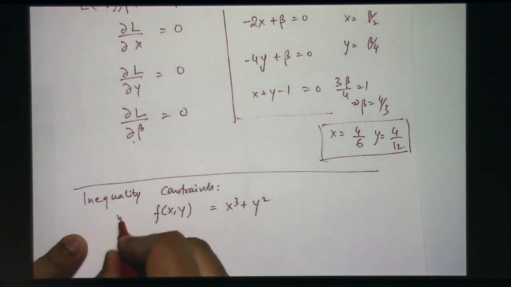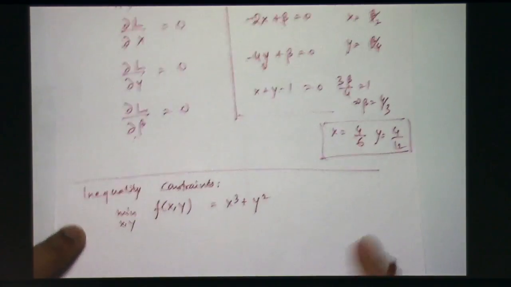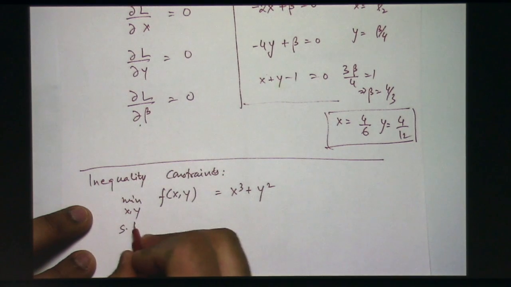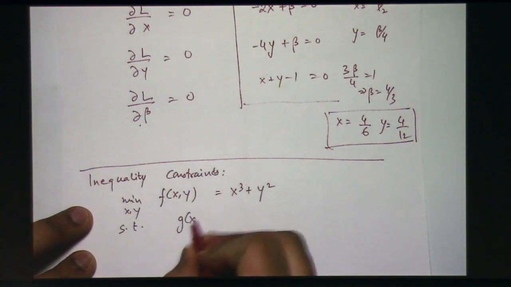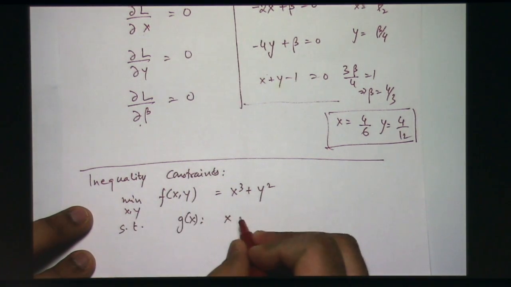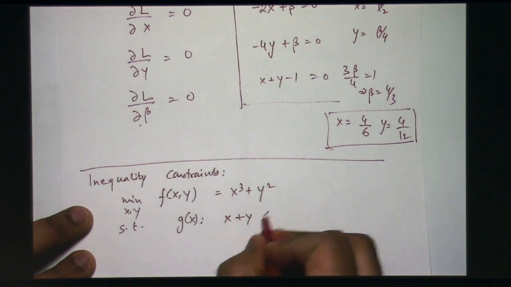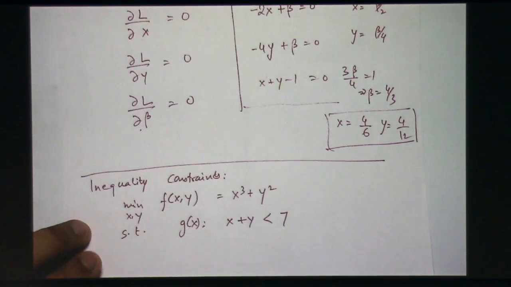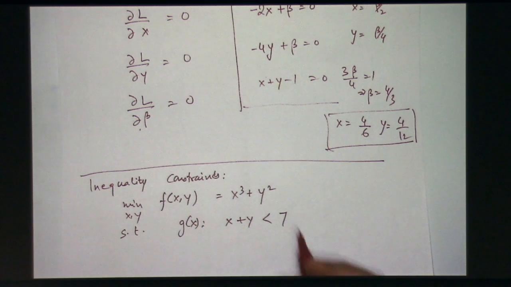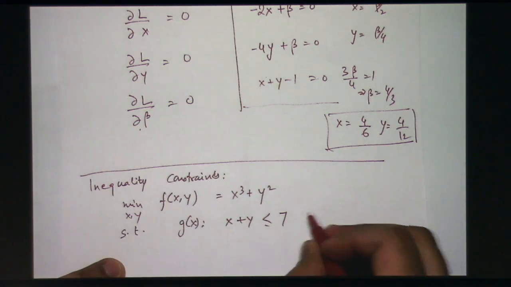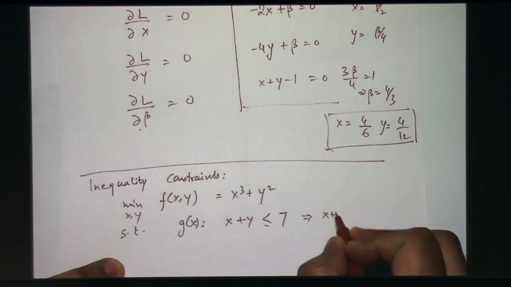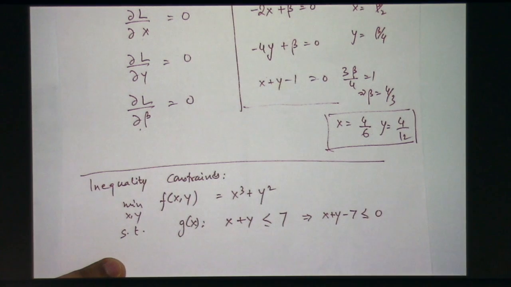You want to find x and y that minimize that, subject to the constraint g of x, that x plus y is less than or equal to 7, right? So first thing you do is convert them into this form.